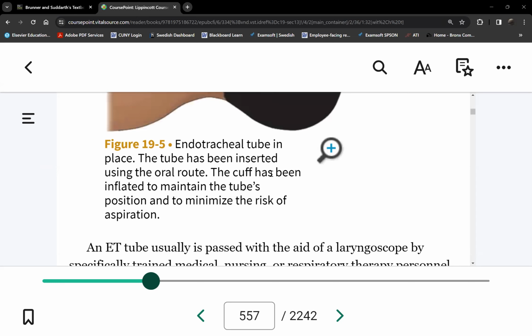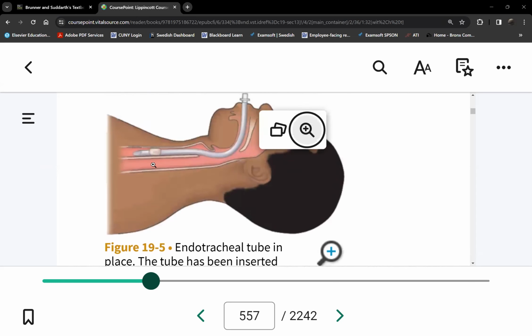No. Okay, so look at the end of the tube and then imagine the bronchial tree. We have the trachea, which divides into the right and left mainstem bronchi, correct? Think of it as your legs, and then the carina is the crotch.